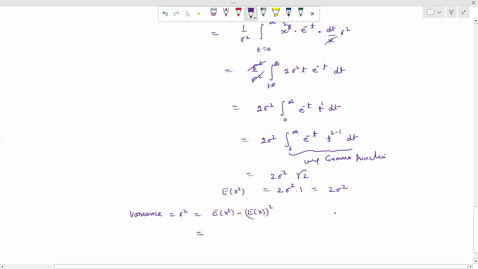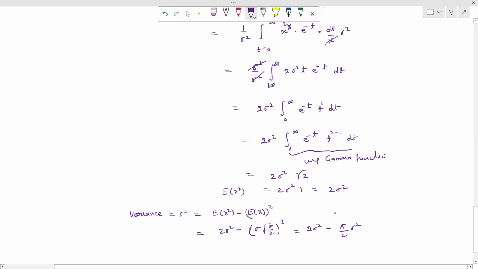So this gives us 2 sigma square minus sigma into root pi by 2 to the whole square. So this can be written as 2 sigma square minus pi by 2 into sigma square.